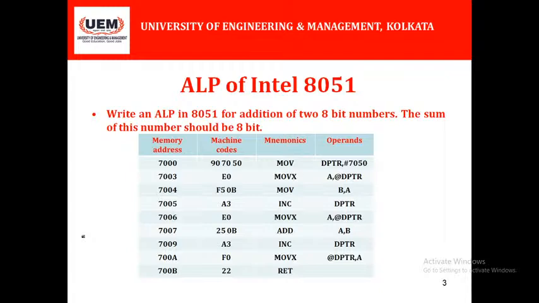We are observing that MOV DPTR, #7050 is basically the first instruction, loading the first number's address.